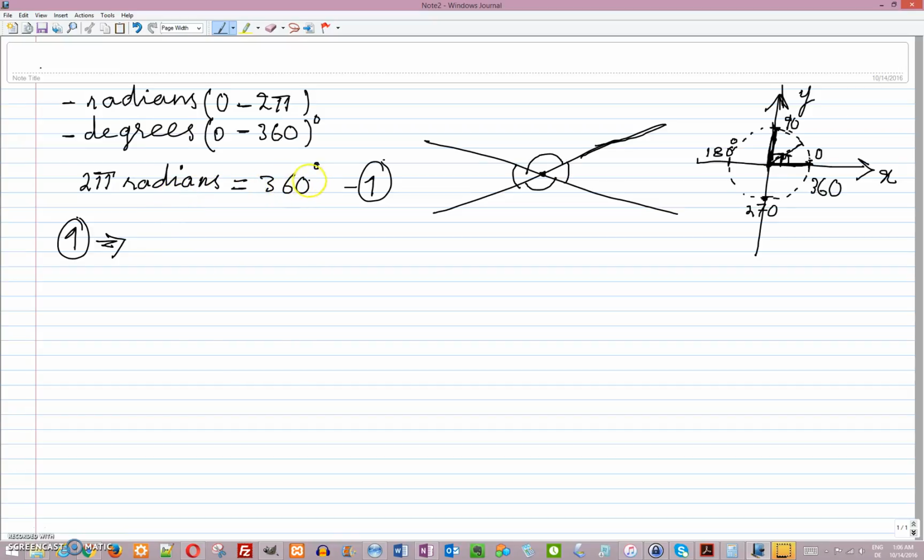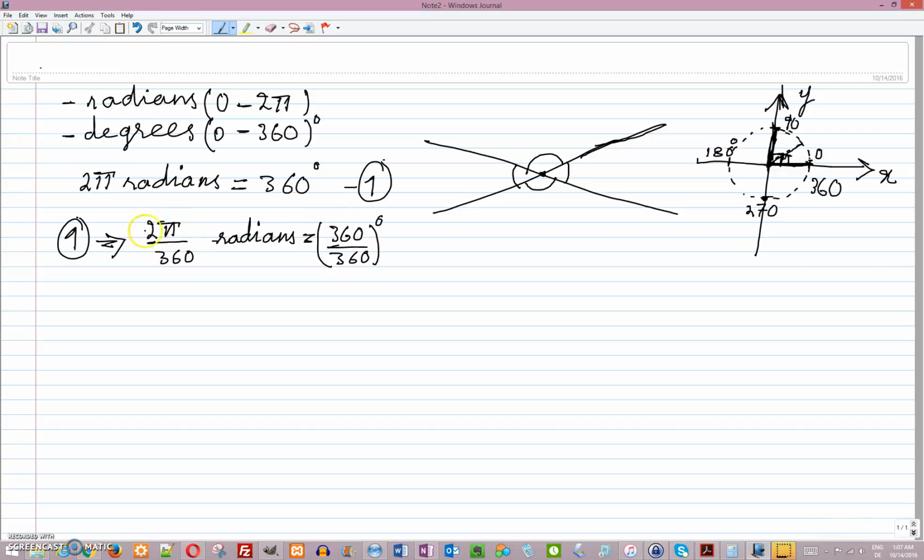In order to find 1 degree in terms of radians, you can divide both sides of this equation by 360, and then you would get 2 pi divided by 360 radians equal to 360 divided by 360 degrees.